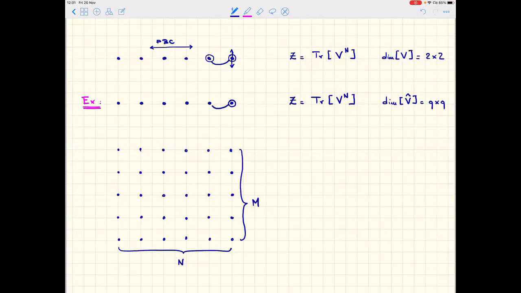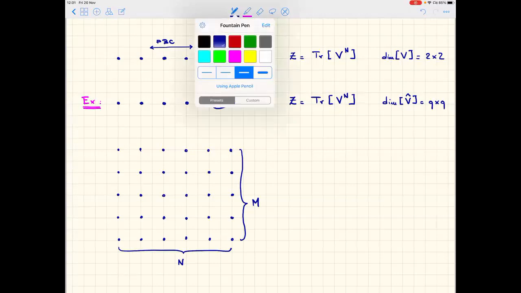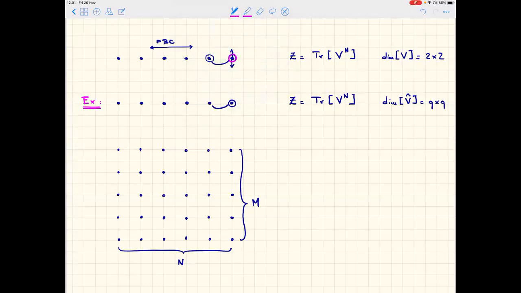Before, the transfer matrix was connecting the configurations of different points in phase space.